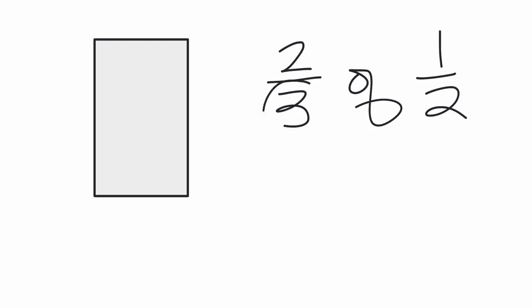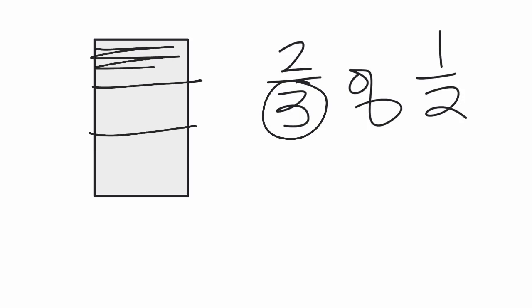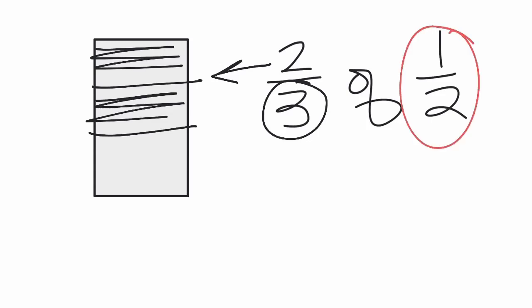So I'm first going to break the rectangle into 3 groups. So 1, 2, 3. And I'm going to shade in 2 of those because my numerator is 2. So I colored in 2 of my 3. Then it talks about a half. So I'm going to go the opposite direction, and I'm going to draw this rectangle. I'm going to cut it in half, and I'm going to color half of that rectangle in.